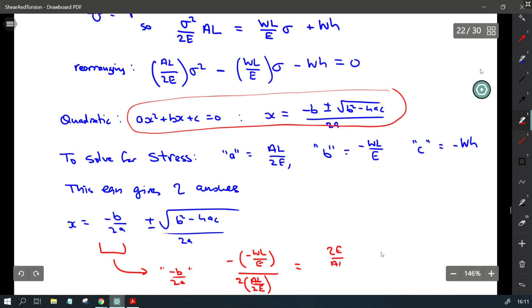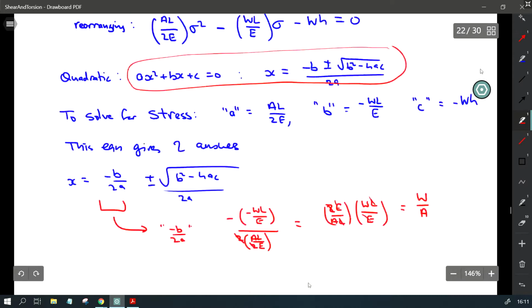2E over AL. Well, that 2 goes with that one, times WL over E. So if we cancel everything there, that's equal to W over A. Okay, so that's the static part of the stress, which is force over area.